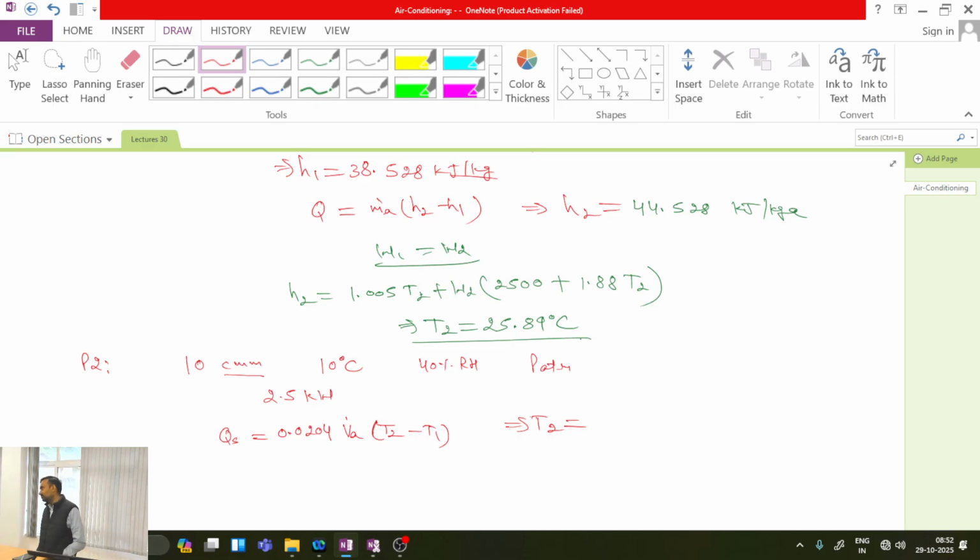What is the value of T2, if you substitute in this formula? 22.25.